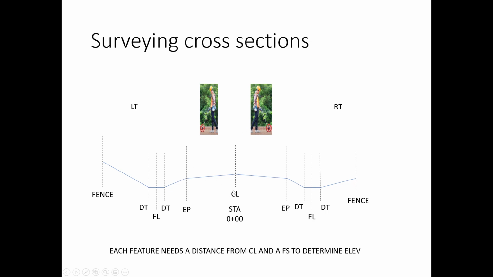And so you're going to need to kind of do a lot of things at once. So you'll need to measure with the wheel the distance to this point, mark it, and then you need to take the rod and take a foresight at that point. So again, like I've got written here, each feature needs to have a distance from center line and a foresight to determine the elevation.